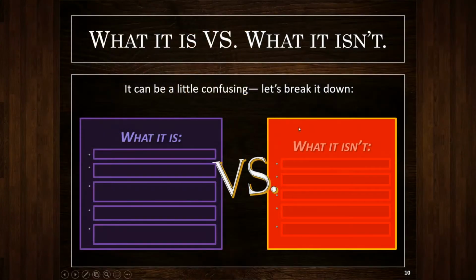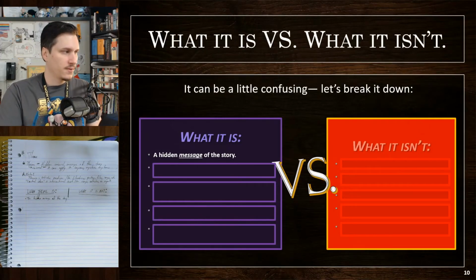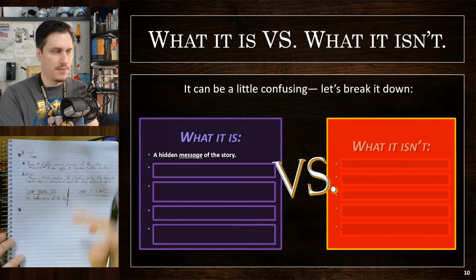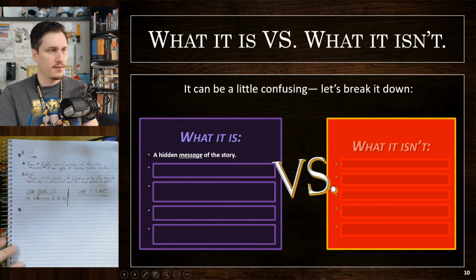So the first thing I have here is it is the hidden message of the story. Okay, now I don't think you need to look at my notebook, so I'm just gonna keep the PowerPoint here for the big screen.